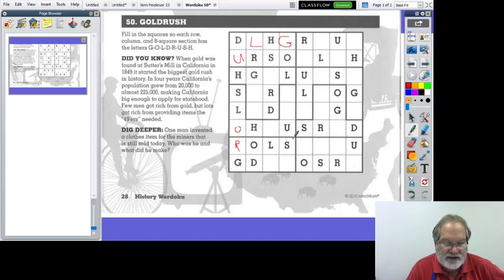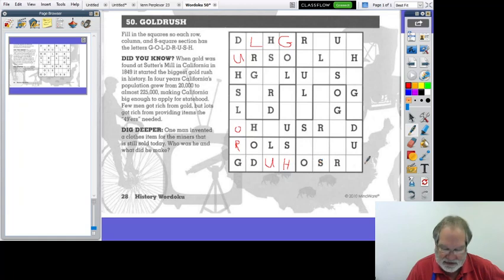This shape is just a 2x4 shape. G-O-L-D, R, we need a U and the H. Well, there's a U in this column right here, and there's an H in this column. So that means U goes here, H goes here. Always check and see.